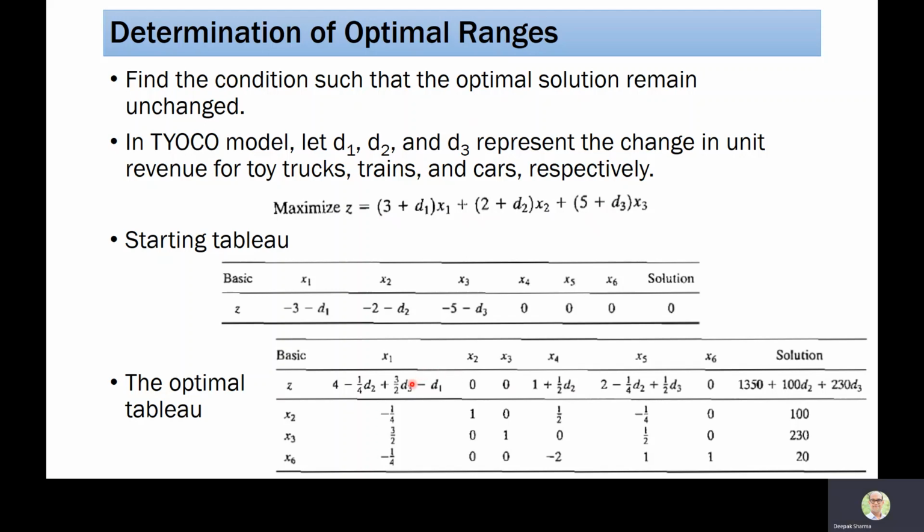As per our discussion, x1 cannot enter the basis if its value is 0 or greater than 0. Same thing for x4 and same thing for x5. This particular condition we are going to use in the next slide.